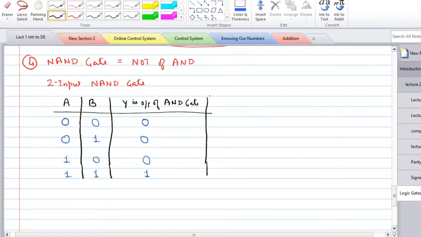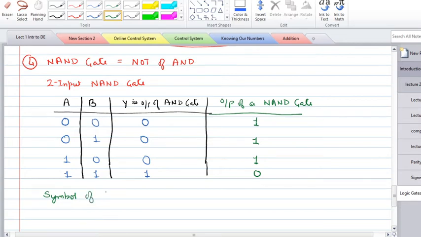So in this way, if we want the output of a NAND gate, then the NAND gate will have the inverted output of this AND gate. So we get a 1 at this position, 1 at this position, 1 at this position, and 0 at this position. Okay, so you can see it's different symbolically also.